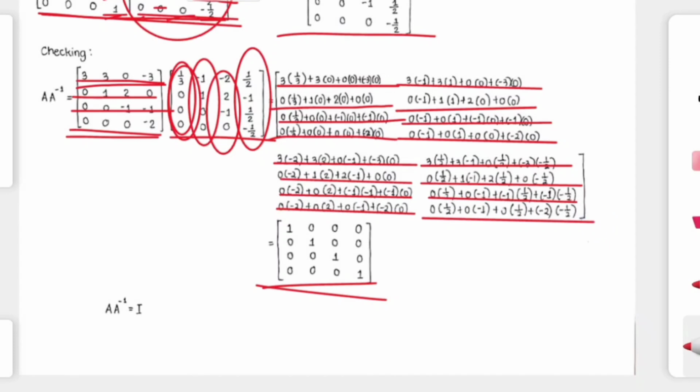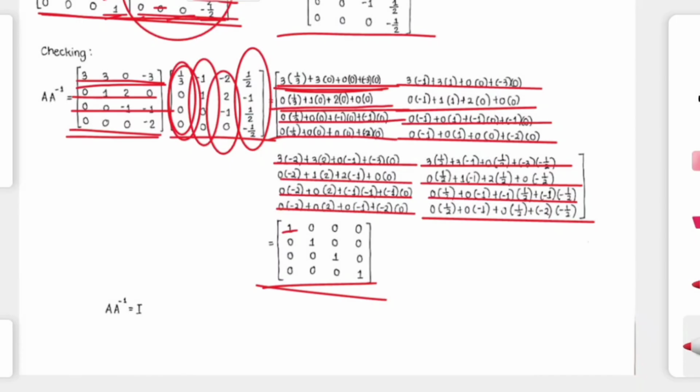So after that, we'll perform the operation of addition and multiplication. So we get for this one 3 times 1 third plus 3 times 0 plus 0 times 0 plus negative 3 times 0 is equals to 1. And then for this one also, we have 0 times 1 third plus 1 times 0 plus 2 times 0 plus 0 times 0, we have 0.